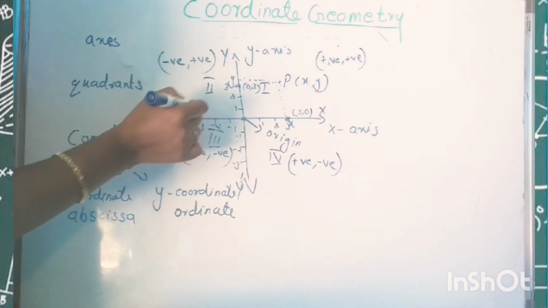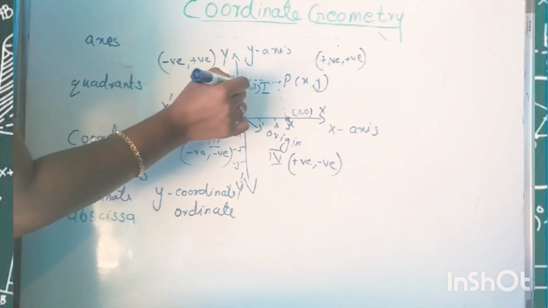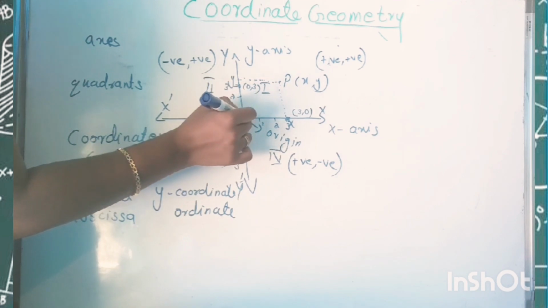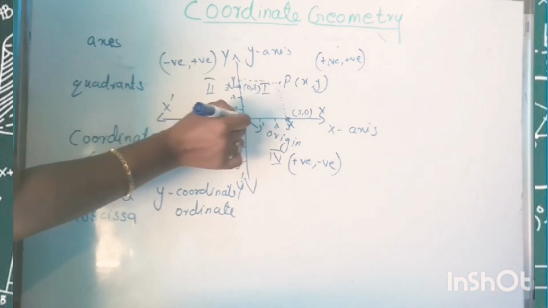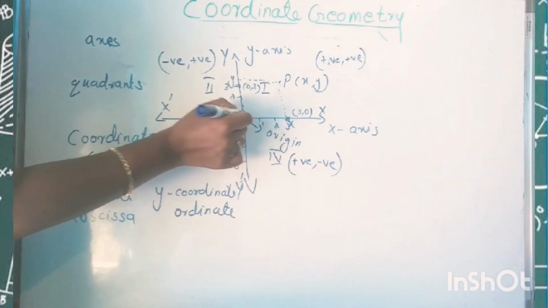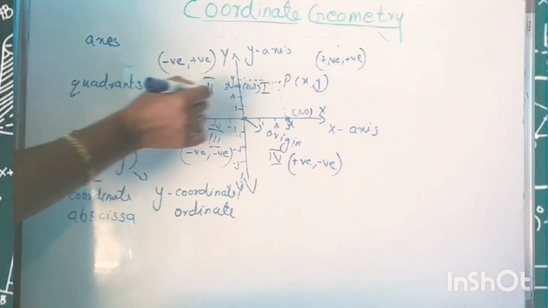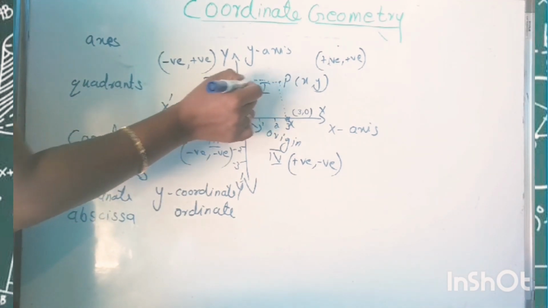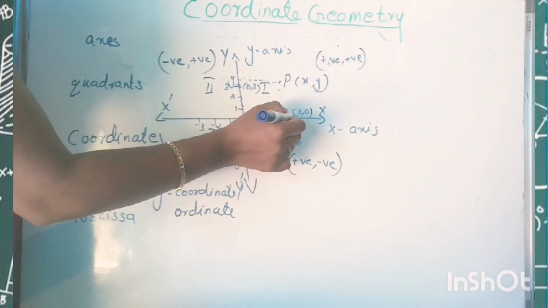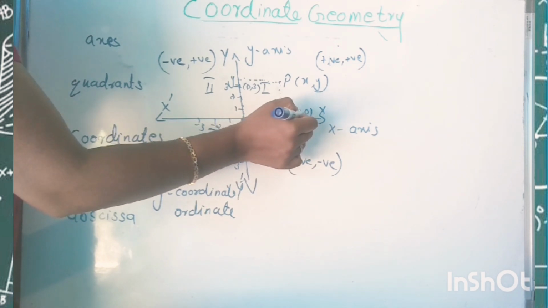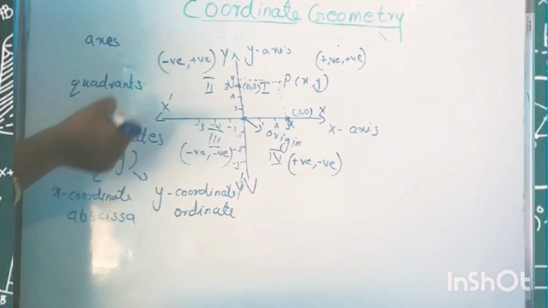From this point, if you draw one line perpendicular to the x-axis, it will meet at the origin. So you have 0 here and the y coordinate is 3. Similarly, here the coordinates of the point are 3, 0.